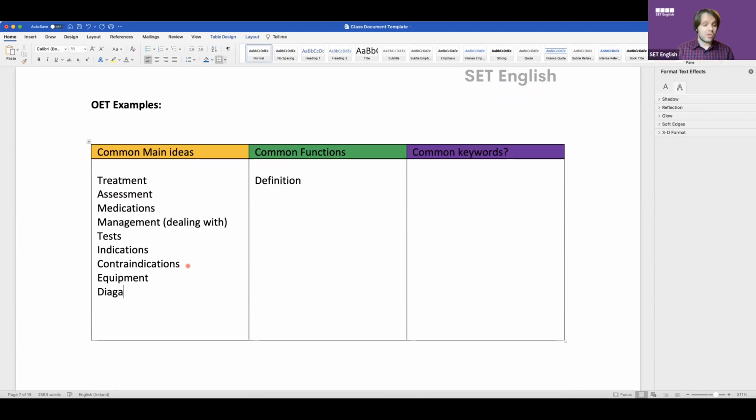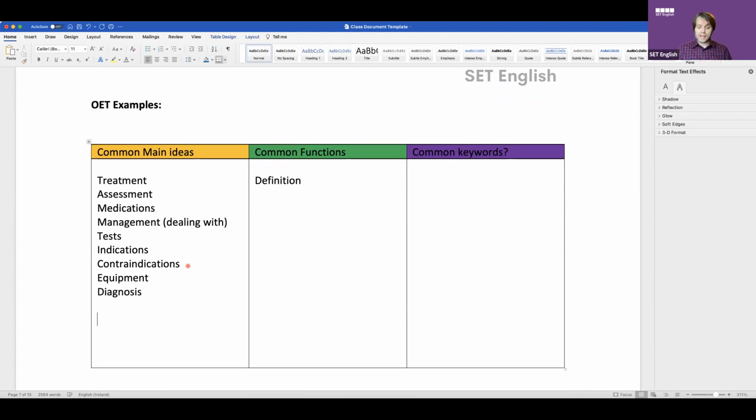So just to be clear though, guys, a main idea answers the question, what is the text about? If I said, what is this text about, and you say, oh, it's about treatment for cancer, that makes sense, right?